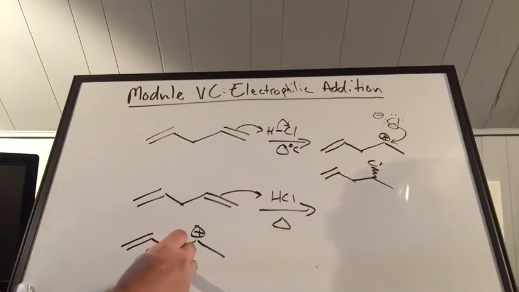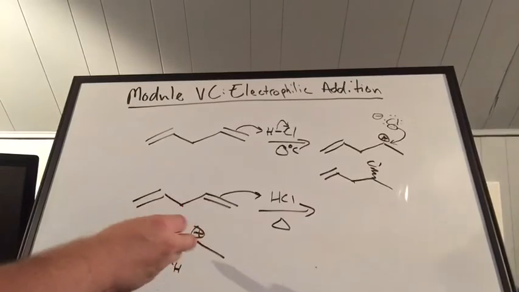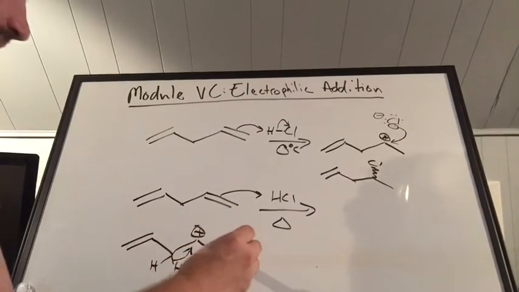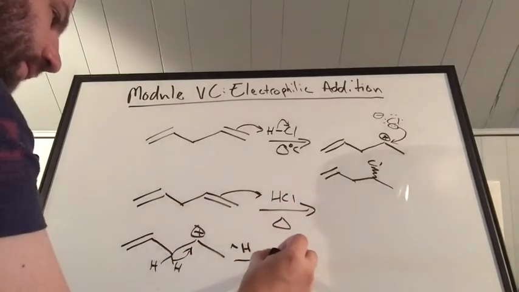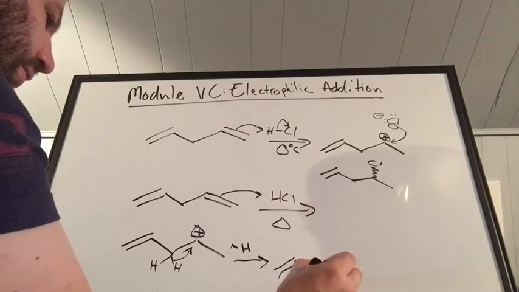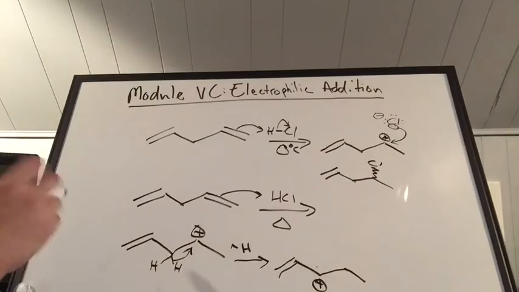Okay. Now, if we have additional energy applied, we can go to a more thermodynamically stable carbocation. We're going to have a hydride transfer to a more stable carbocation via resonance, right? Because it can resonate with this double bond.